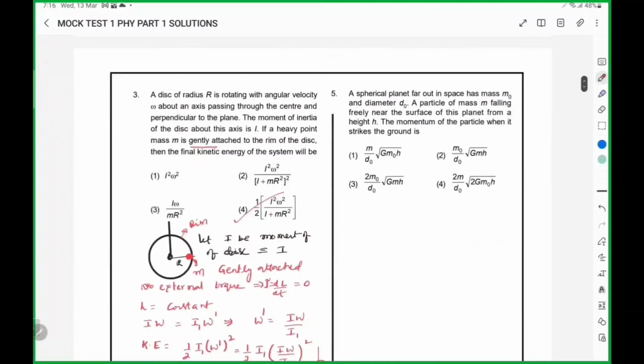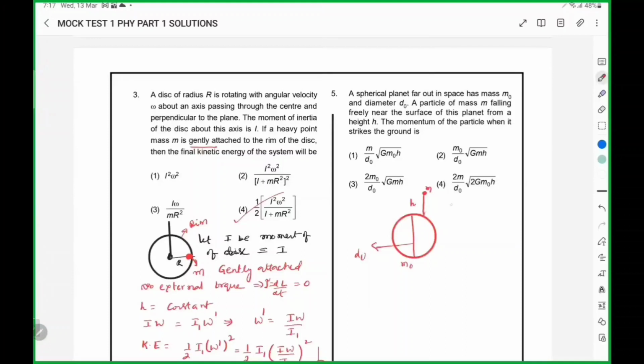So here a spherical planet far up in space has a mass M naught and a diameter d naught. A particle of mass m falling freely near the surface of the planet from a height h, the momentum of the particle when it strikes the ground.